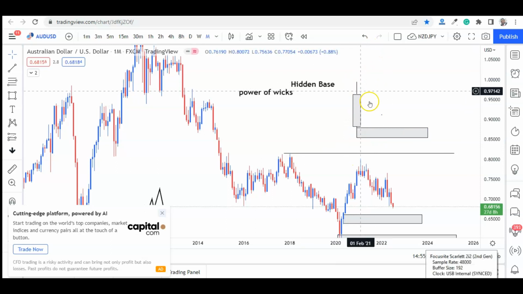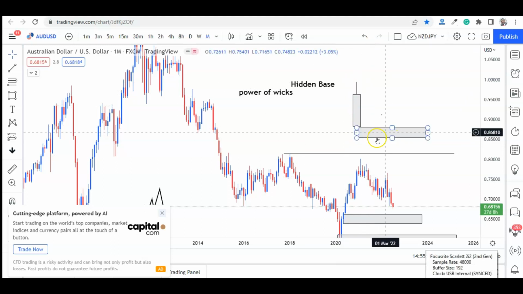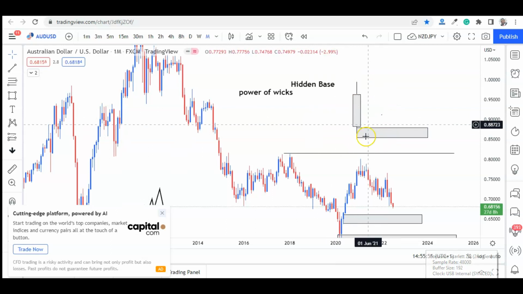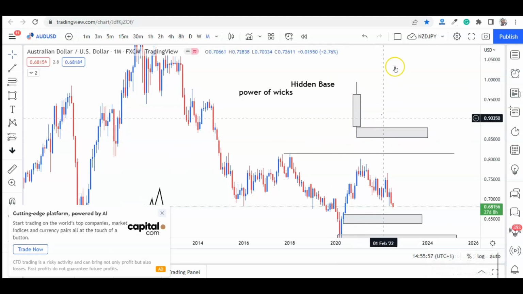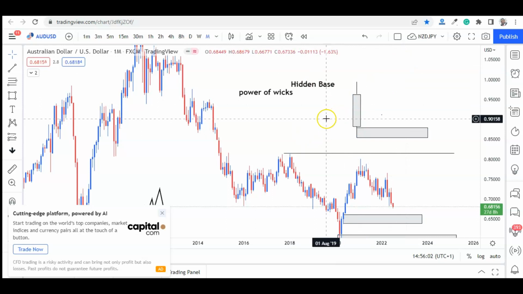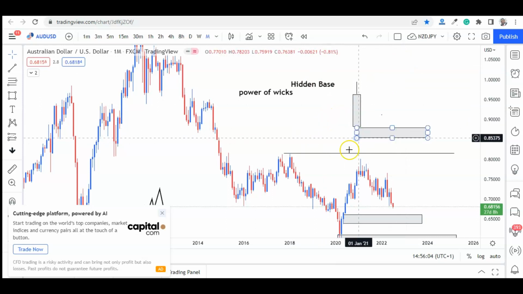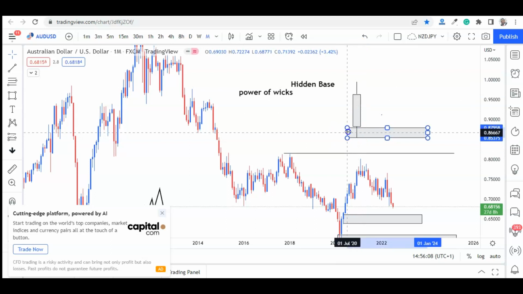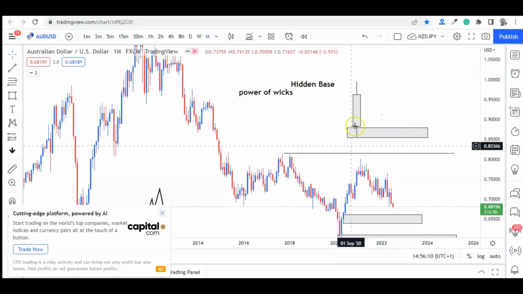In the future, when price comes back to this wick, especially in a lower time frame, you will notice that this wick is a demand zone where you can continue to take the trade to the upside. Especially when the institutional order flow is bullish, your wick is a very, very powerful tool, or POI, you can use to profit from the market.